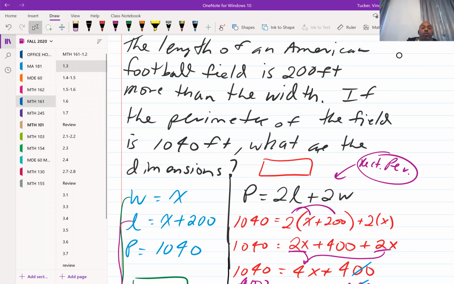What we do know is the relationship between the two dimensions: the length is 200 feet more than the width. That's why I have my pieces set up this way. I call the width X, and then whatever X comes out to be, if I add 200 to it, then I will have the length.